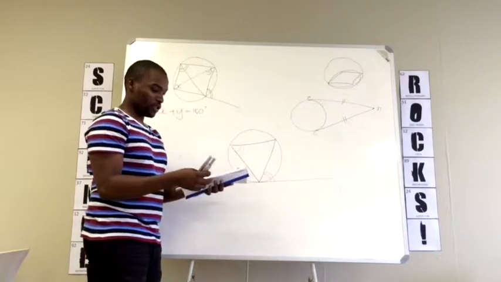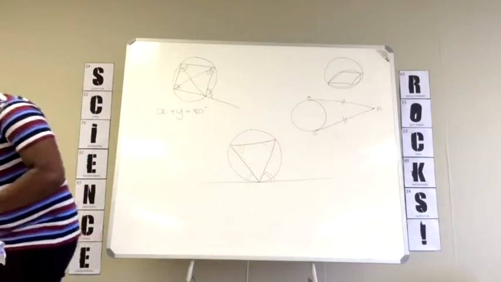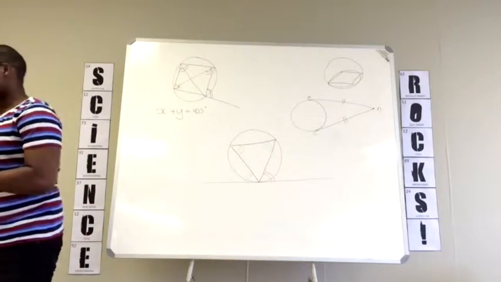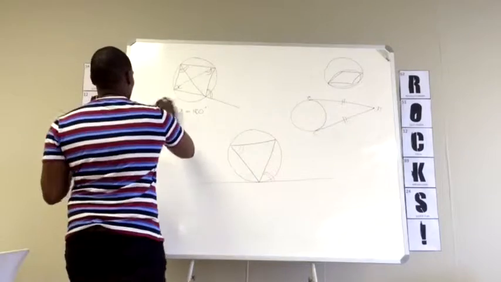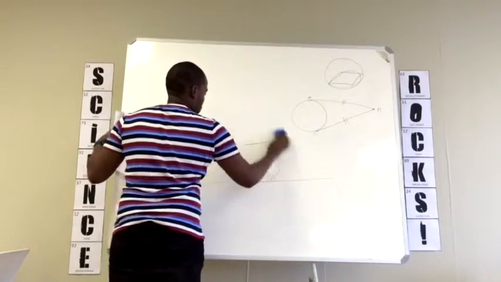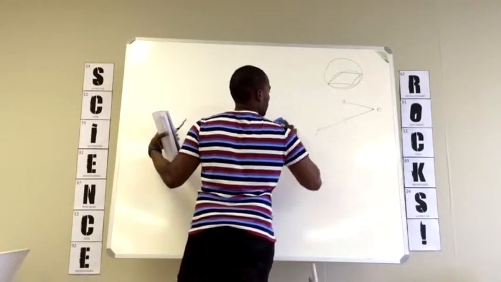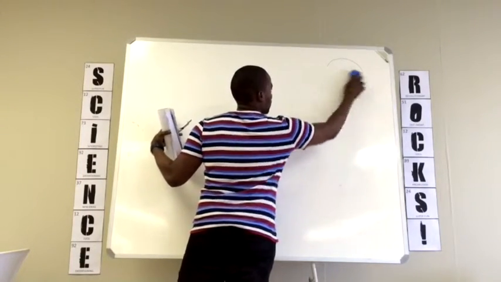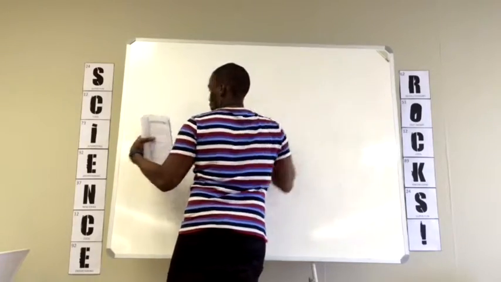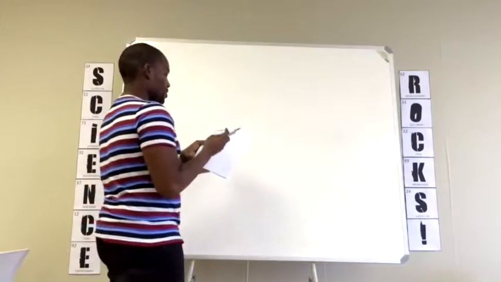So let's turn to page 14, quickly just erase the board. On page 14, they give us this diagram.